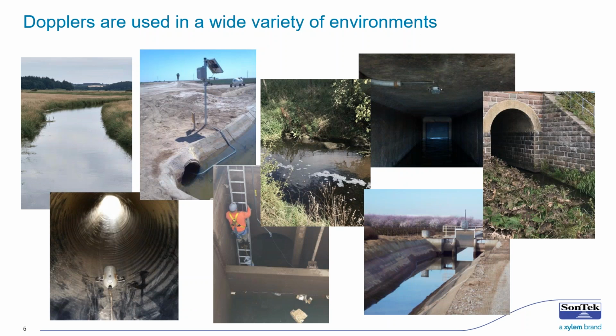And I know we have a lot of different backgrounds on the call today, and that's good. And it's true because Dopplers are used in a wide variety of environments to measure flow. So you can be a hydrologist measuring in open channels. You can be a water manager who's quantifying how much goes to a water district or to a farmer. It could be very operational.